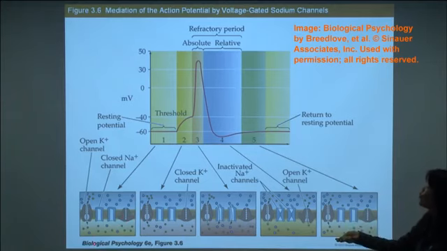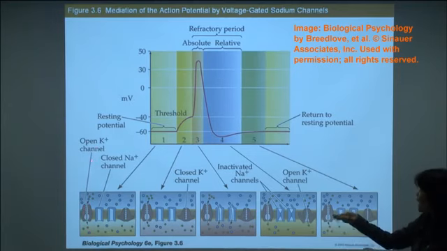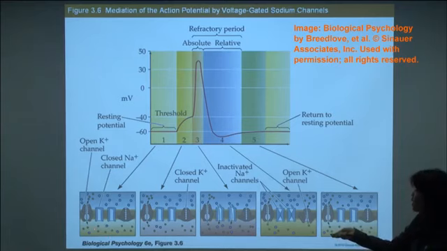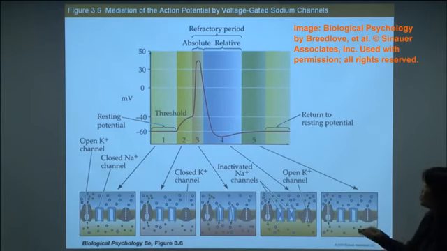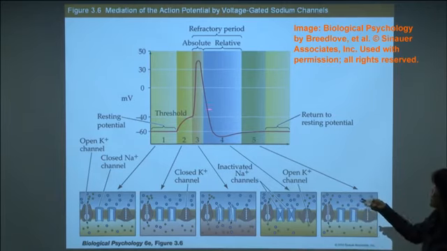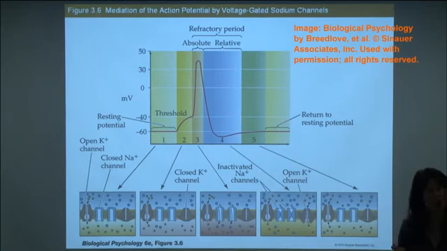The only one open for business all the time is the regular vanilla potassium channel. We're at rest. We have negative 60 millivolts on the inside relative to the outside. But inputs come in, and the membrane is depolarized, and it hits this negative 40 millivolts, the threshold for the action potential.